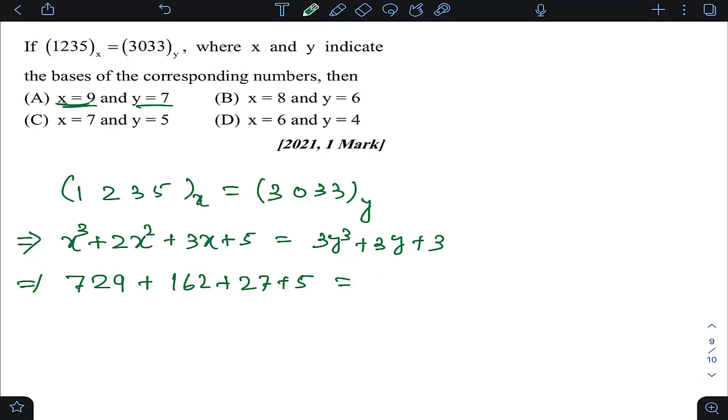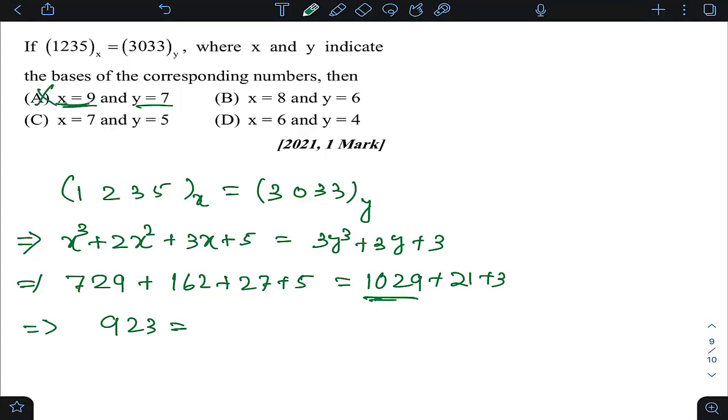So 7 cube is 343. 343 into 3 is 1029, plus 3 into 7, 21, plus 3. So 729 plus 162 plus 27 plus 5 happens to be 923, is equal to... if you check, this won't satisfy, because this number itself is 1029.